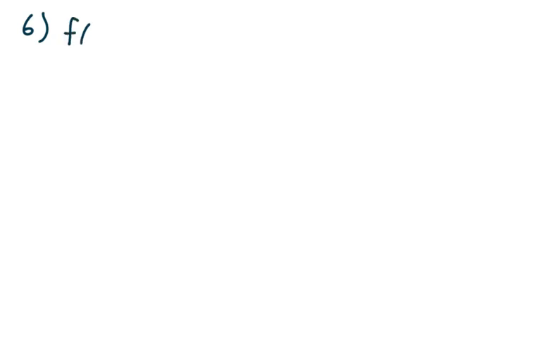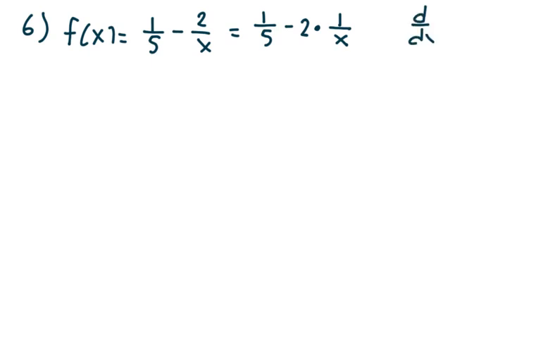Suppose f(x) = 1/5 − 2/x. If you don't mind, I'm going to write this as 1/5 − 2 times 1/x. Remember, the derivative of x with respect to x is equal to 1.